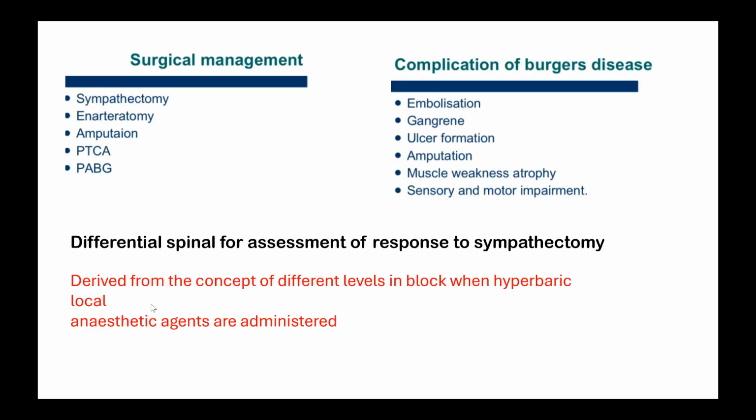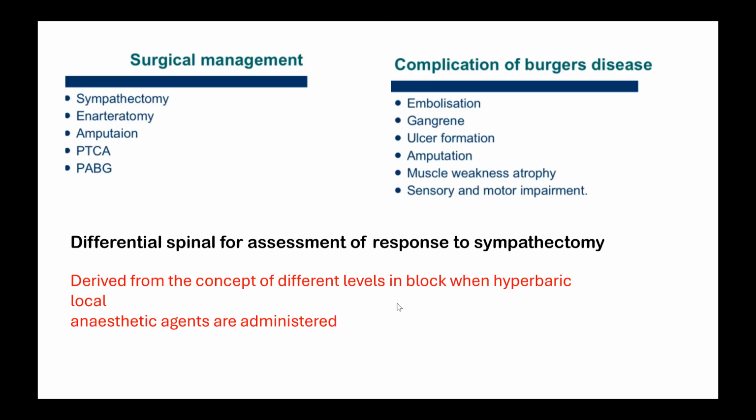And the differential spinal assessment is one which we used to do before the sympathectomy, where we used to give a lower concentration of local anesthetic. That is, 1% xylocaine will be injected 2 ml into the subarachnoid space. That will not be sufficient to produce any motor blockade, but it will produce autonomic and to some extent sensory blockade.